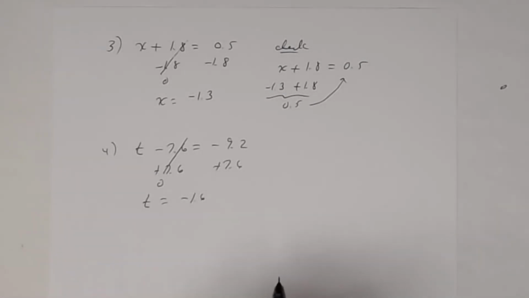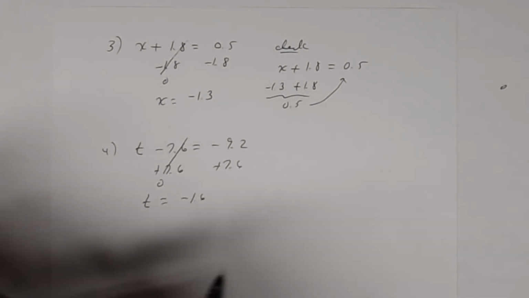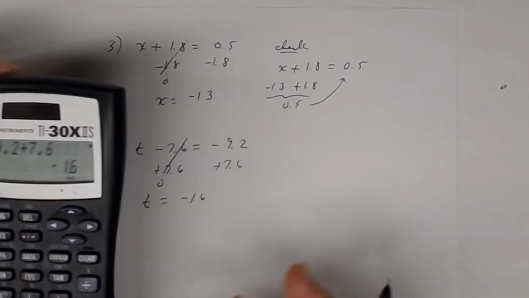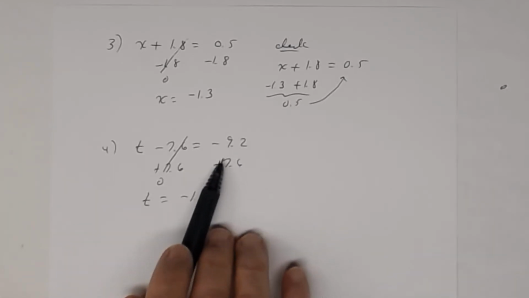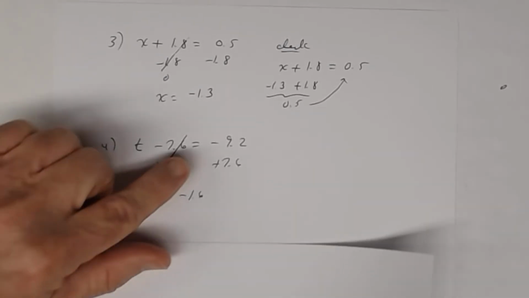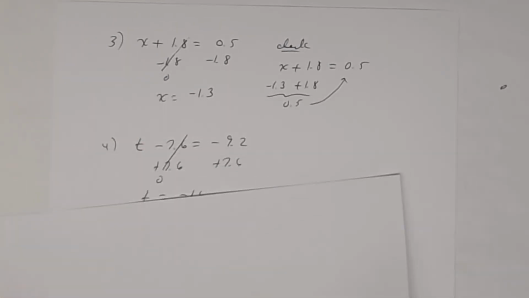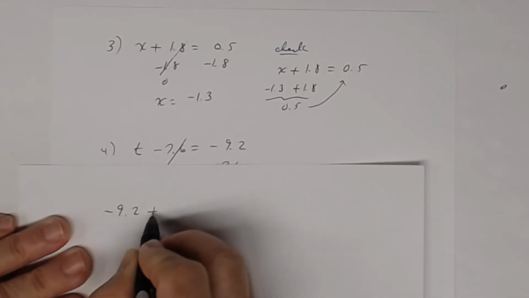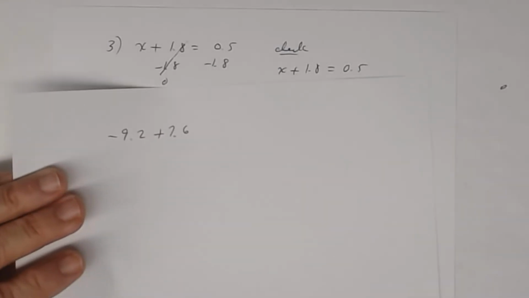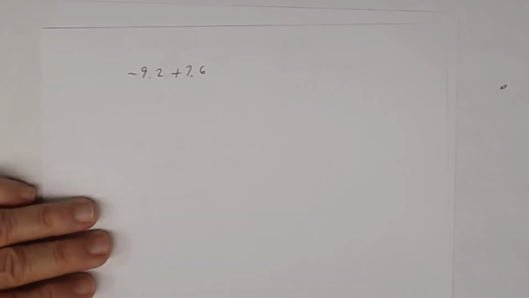Now let me just remind you. In this course you can use your calculator, but let's suppose you didn't have access to your calculator. Do y'all remember how to add signed numbers? This right here is negative 9.2 plus 7.6. Remember how to do this without a calculator?